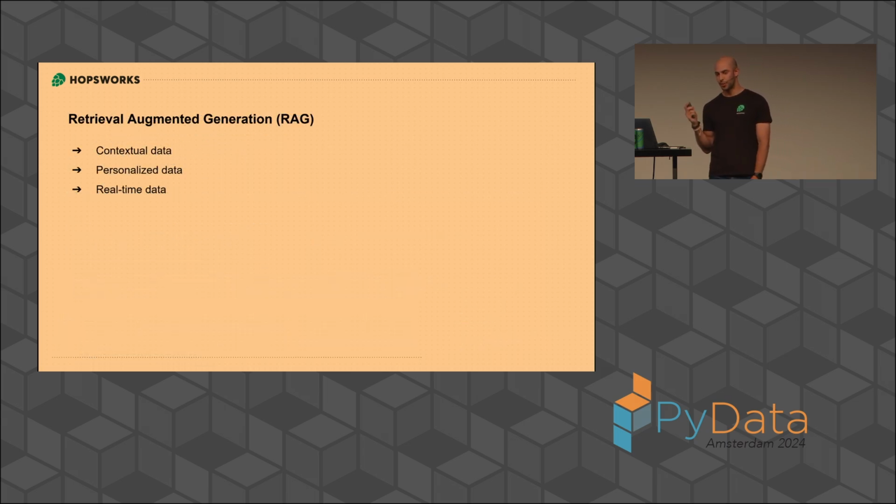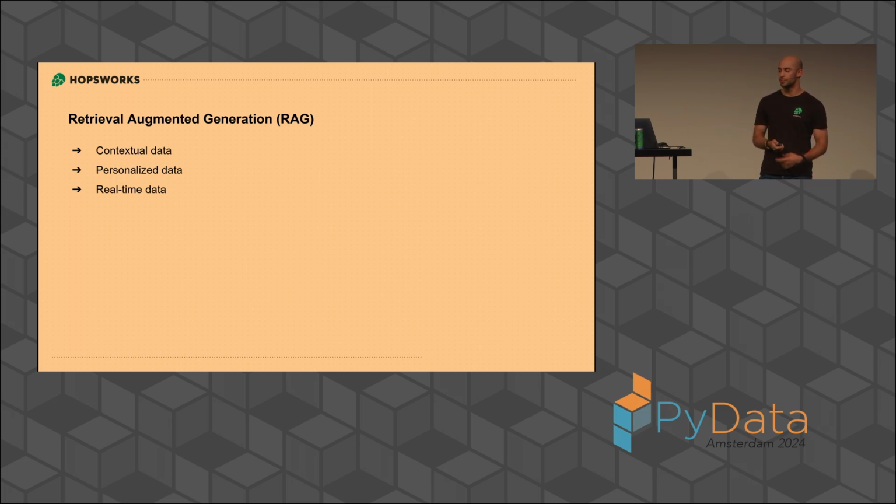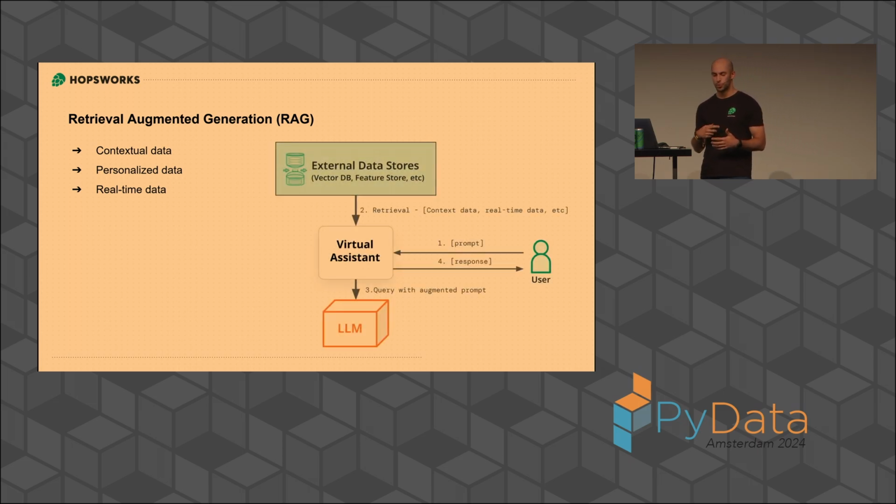There is a technique called retrieval augmented generation that you might have heard about in other talks, which is basically a technique that allows you to enhance the user prompts with contextual information, personalized information, or real-time data, basically to help the LLM provide more accurate answers. So imagine this scenario: you as a user send a question to a virtual assistant that is backed by an LLM.